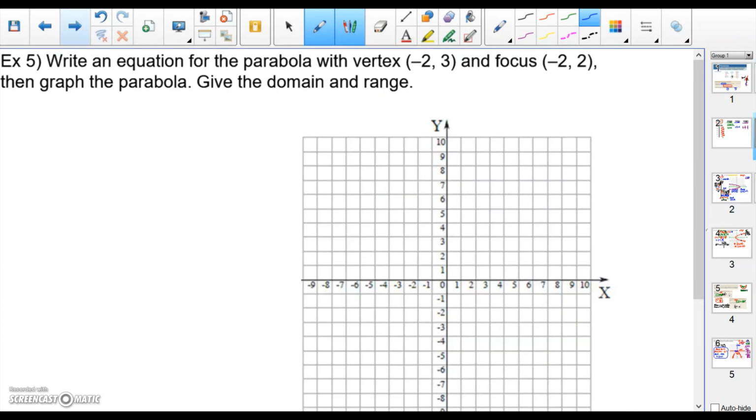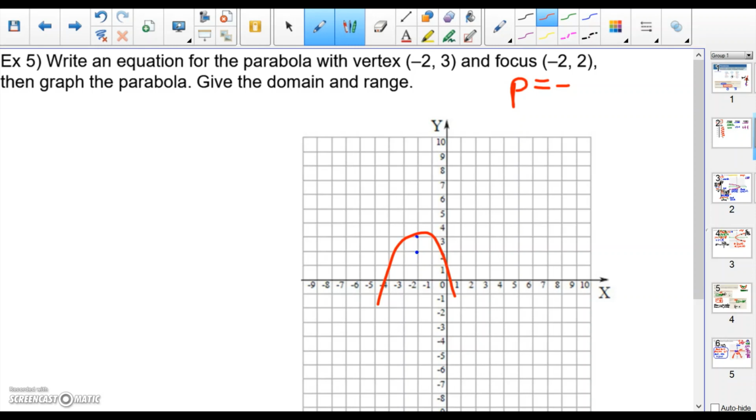Example 5, write an equation for parabola with vertex -2, 3, and focus -2, 2, then graph the parabola. Okay, so knowing what I know, I know that the p-value is going to be negative because that focus is in the negative y direction from the vertex.